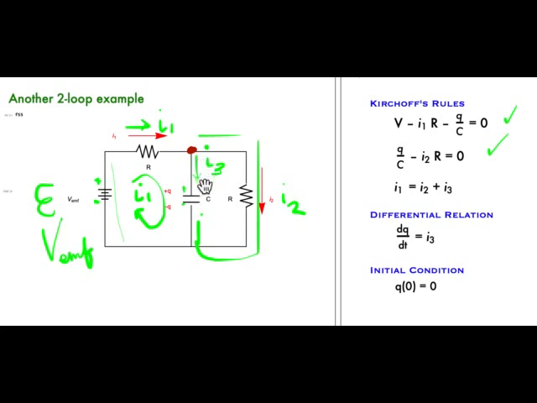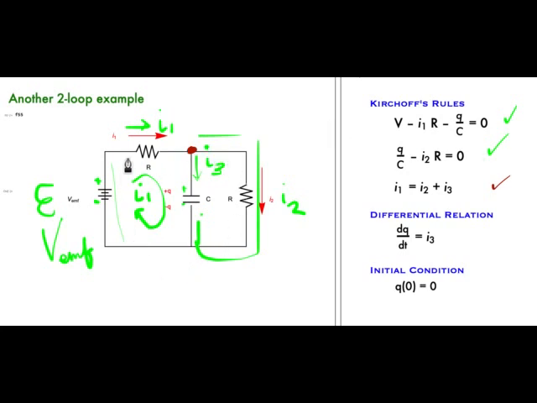I could have guessed I3 would be going in the other direction, but it doesn't matter. I'll just take I3 to be the current going to the positive plate in the capacitor. And the junction rule says I1 has to be equal to I2 plus I3. So there's the third equation from Kirchhoff's rules.